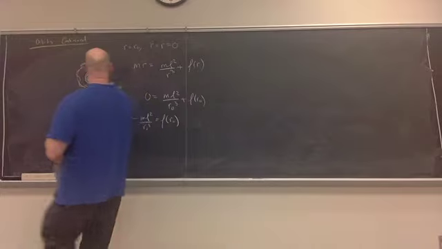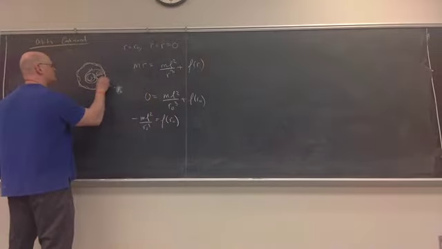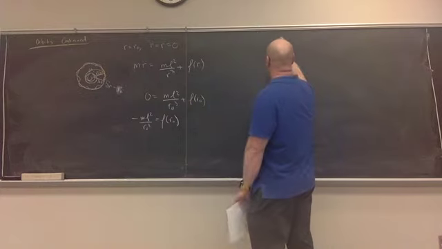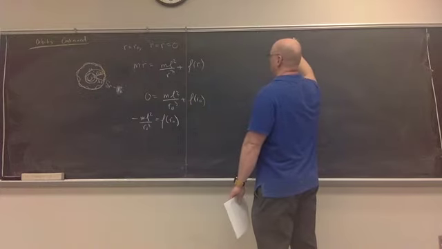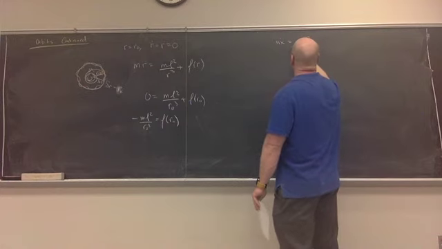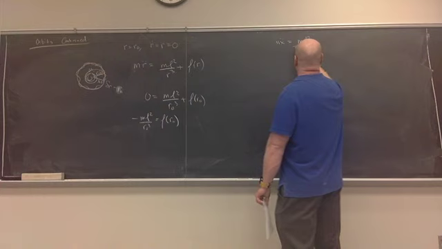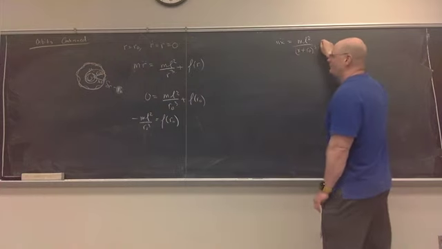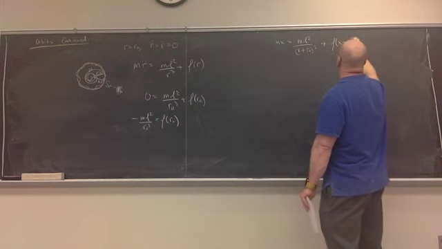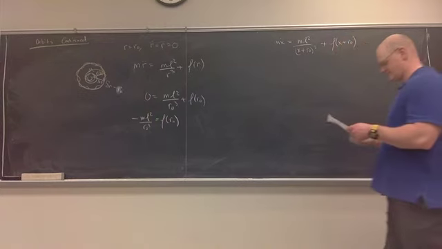Where again, this small amount here is our delta r. So if I plug this in, what I get in this case is that m x double dot is equal to ml squared over x plus r0 cubed plus f of x plus r0.